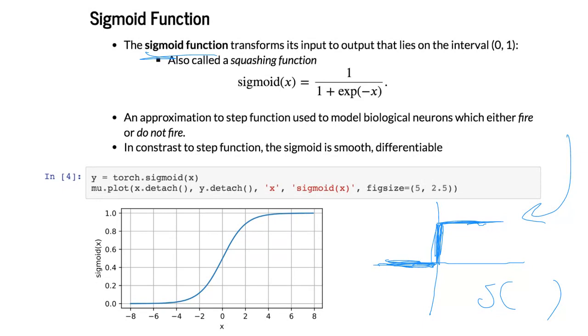But the step function is non-differentiable, so people came up with this function over here. Okay, so this is the step function, and this is the sigmoid function, which is given by this formula.